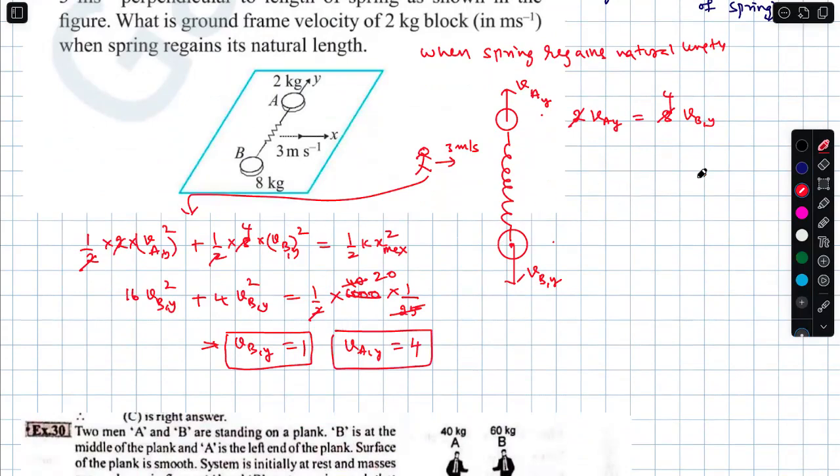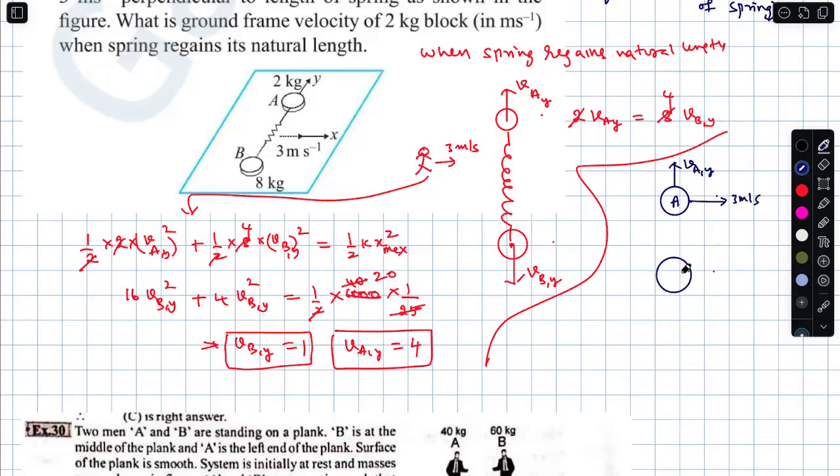So within the ground frame, the velocities change. So for A, you have VAY and 3 meter per second.